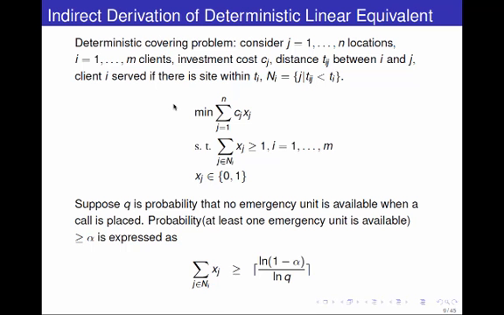This is basically saying that these three x's are, and this is customer i, these three x's are the three locations that can serve this customer. The chances of all of them being unavailable is q to the sum of x_j over the eligible j in N_i. So did I invest in this location?